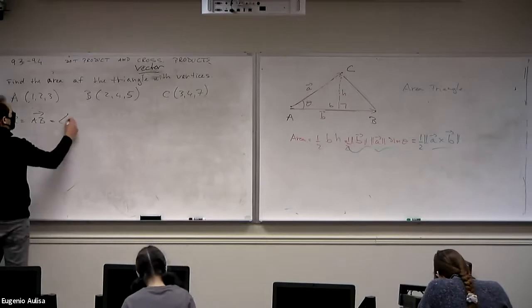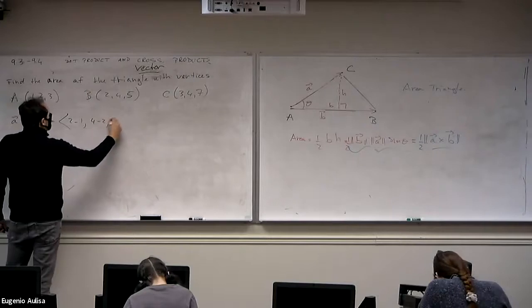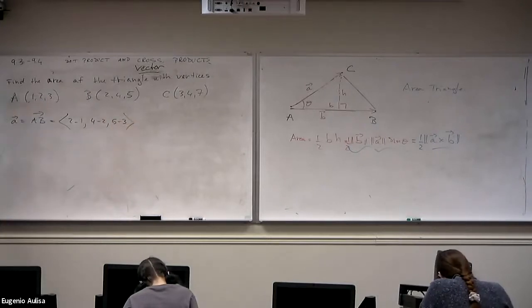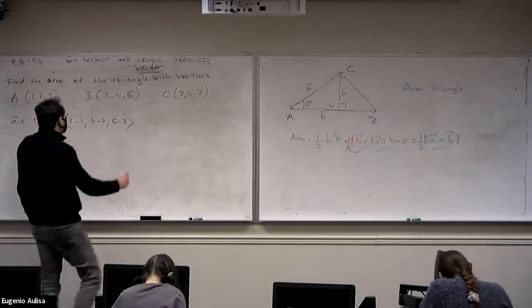So it's going to be 2 minus 1, 4 minus 2, 5 minus 3. So this is going to be 1, 2, 2.